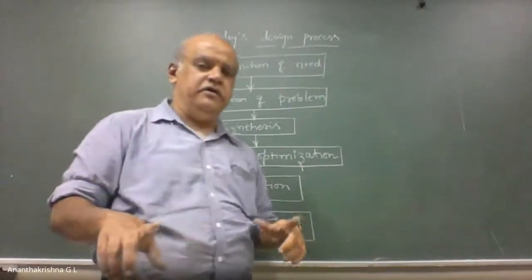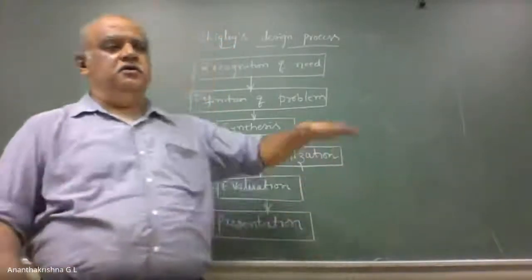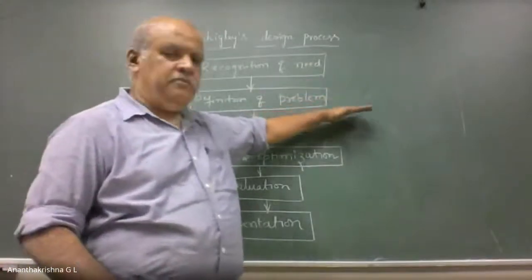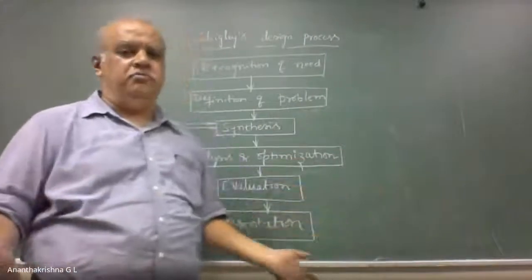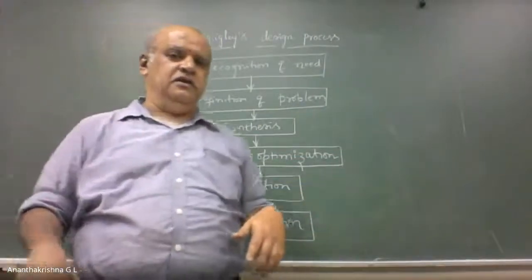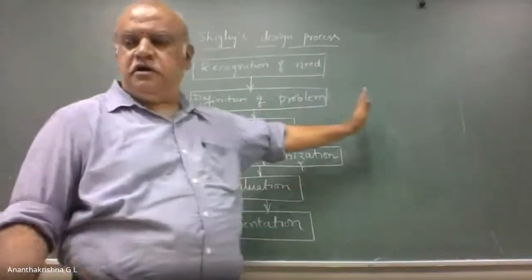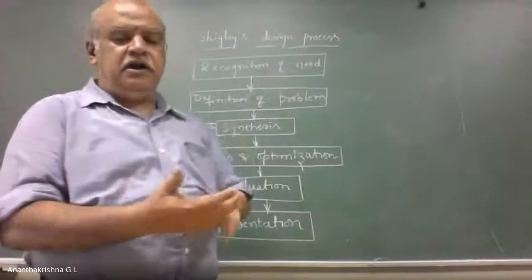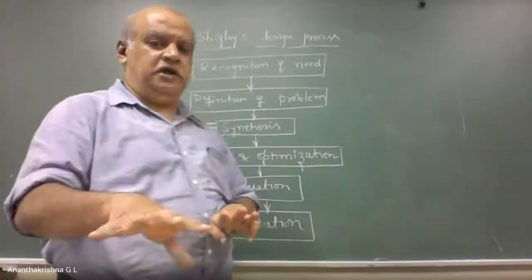Whereas in development design, you have a product already. If you start your design with the existing product and produce a totally new component, then it is called development design. That is based on method. Rational, empirical, and industrial design are based on the methods adopted.